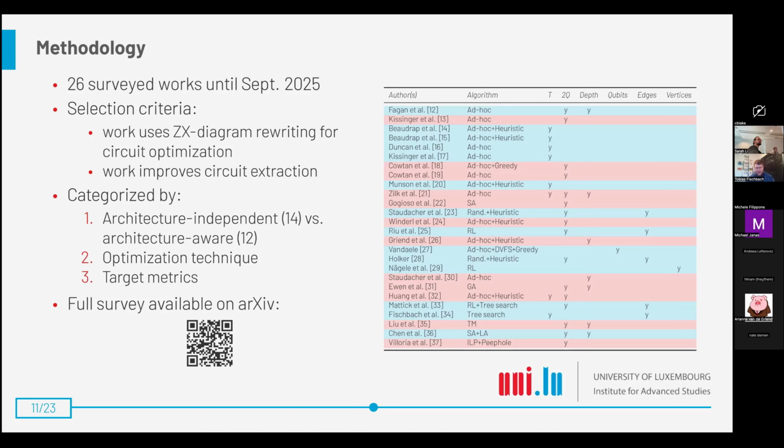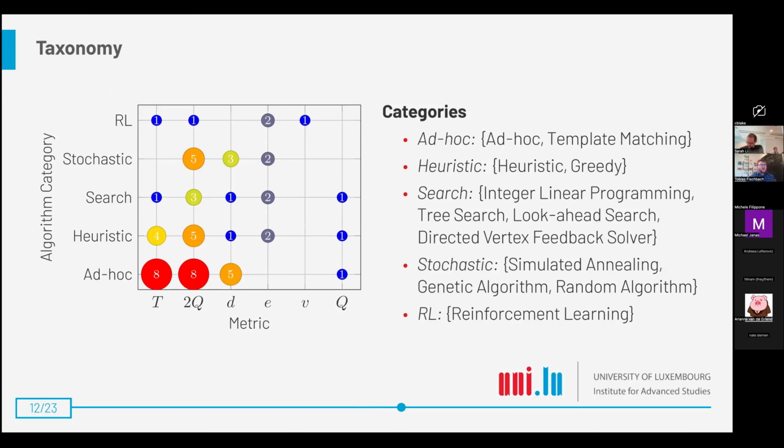And I also think just looking at the table without proper explanations in text doesn't give you any extra value or take-home message. So I grouped the categories a little bit more for the talk, and sorted a little bit by grouping ad hoc and template matching algorithms together.